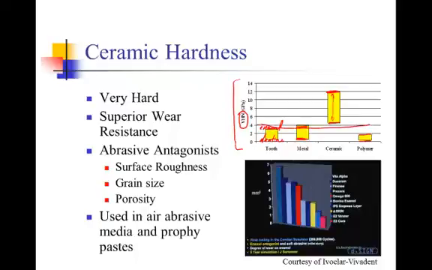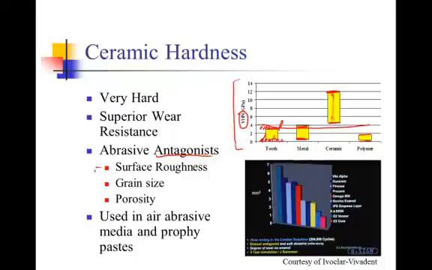We mentioned that gives them superior wear resistance, but it can make them an abrasive antagonist, means they can wear away other materials accidentally. And whether or not they do doesn't have to do with just how hard they are compared to the other material. It has to do with how smooth the surface is. If you have a very hard material, but it's very smooth, then it won't wear away opposing materials.